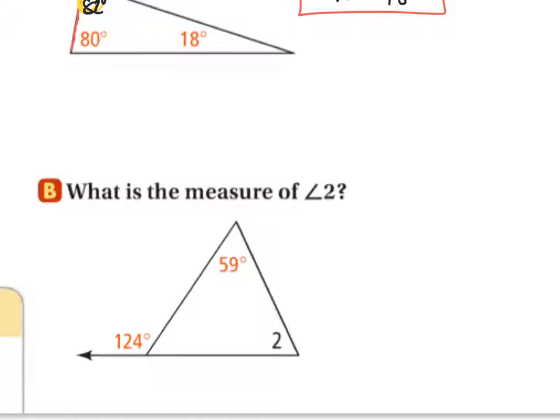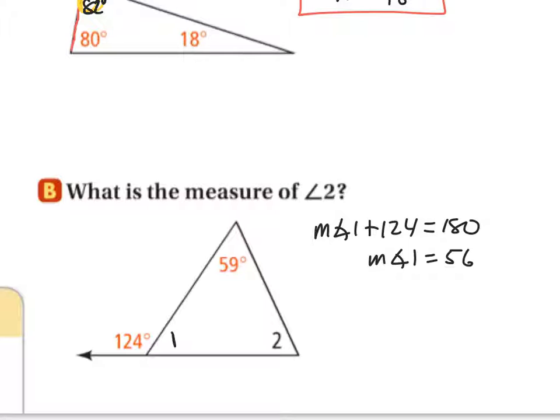Okay, so you're saying you want to try to find, say, angle 1 first. Okay? And so then you'd say the measure of angle 1 plus 124 equals 180. And so subtracting 124, the measure of angle 1 equals 56. And then add those two together.